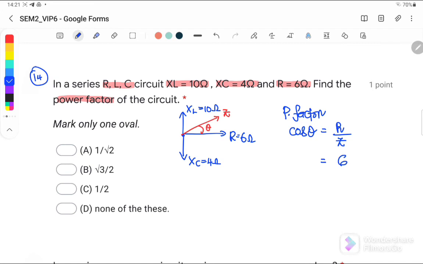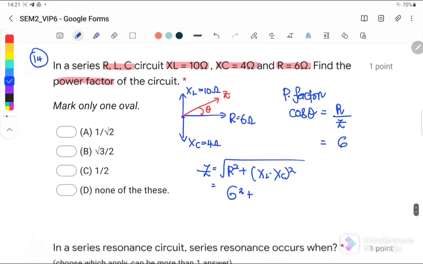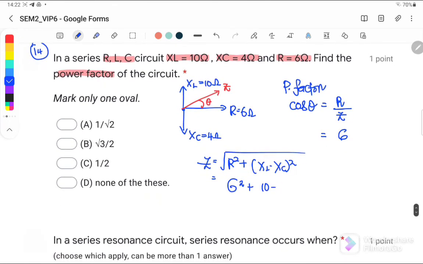To find the impedance, we use the equation Z equals the square root of R squared plus (XL minus XC) squared, where R is 6 squared plus XL minus XC is 10 minus 4. So it equals 6 squared plus 6 squared, which is 36 plus 36, or the square root of 72.